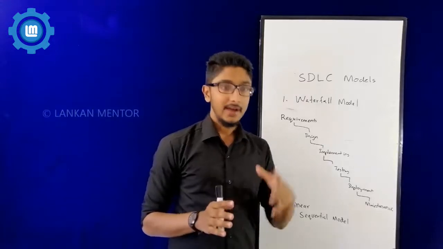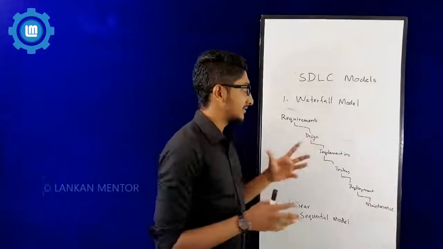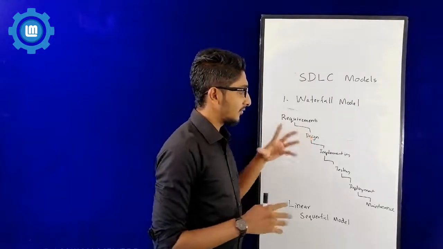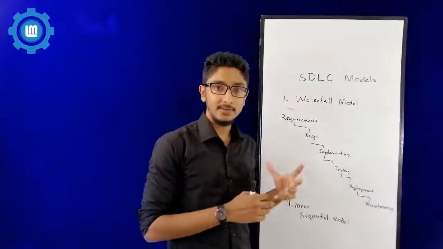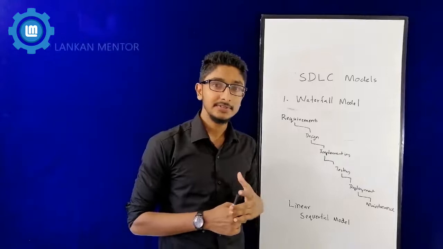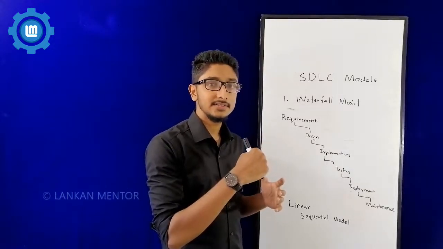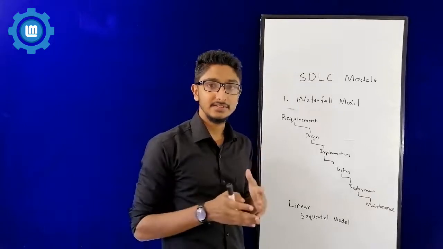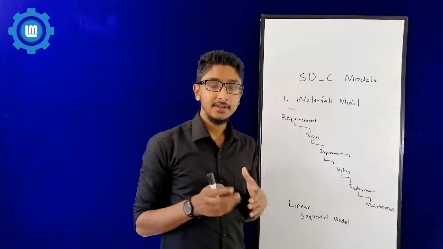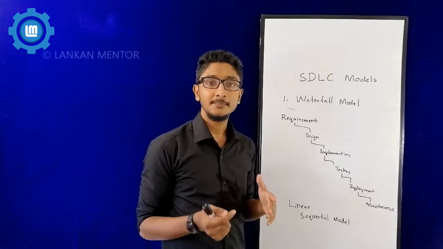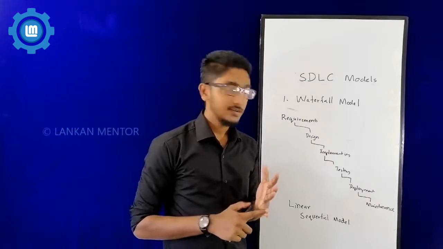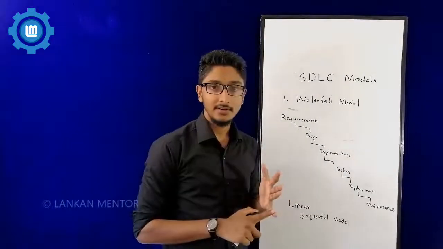Okay, so as a remedy to overcome the problems in Waterfall model, what are the problems? You can't go back another step, right? Once you finish a step, you can't go back to the step again. That is another problem in waterfall model, right?